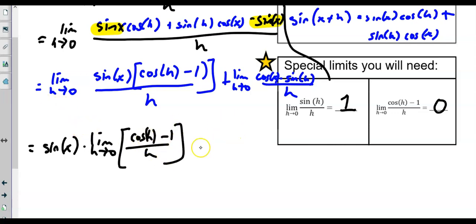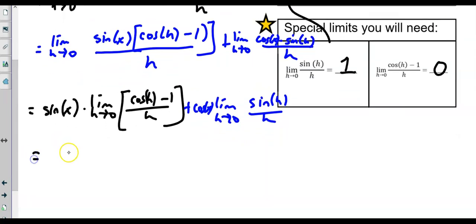Plus, looking at the second part, the limit as h approaches 0, I can take something out here, so let me take that out. I can take out the cosine x. So plus cosine x times the limit as h approaches 0 of sine of h over h was left over.